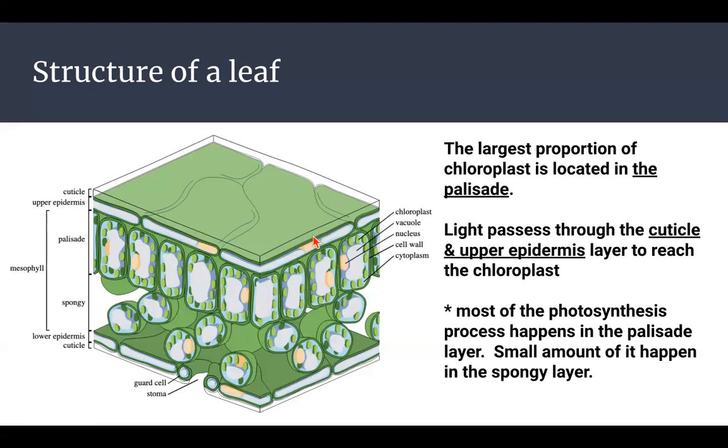And then it needs to pass through the upper epidermis layer to reach the chloroplast, which is mostly in the palisade. If you look at the upper epidermis and the lower epidermis layer, you probably won't see the little green organelles, which are the chloroplast, meaning that these two layers are not involved in photosynthesis.